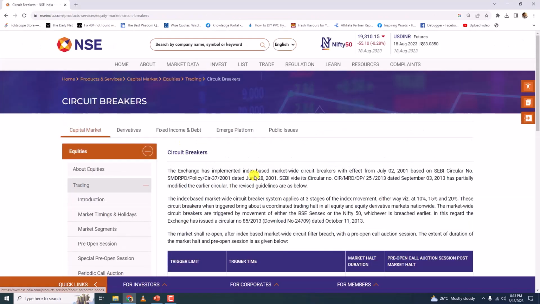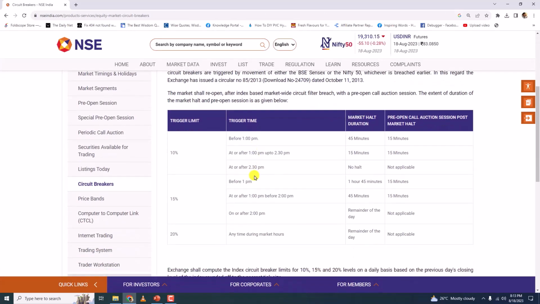And here you can see the details of circuit breaking system. Okay, so we have trigger limit here and trigger time along with market halt duration and pre-open call auction session post market halt. Okay, so let me take this and explain you how it works.